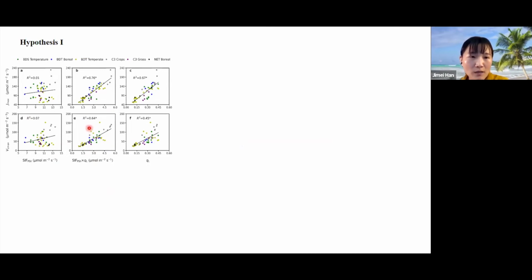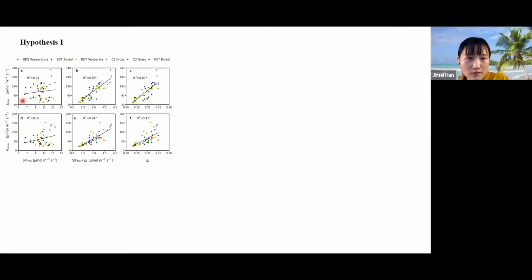To verify these two hypotheses, we further fitted Vcmax and Gmax with the traditional approaches, that is fitting CO2 response curves based on FVCB biochemical models. Here we didn't use our theoretical equations to calculate the Vcmax and the Gmax.